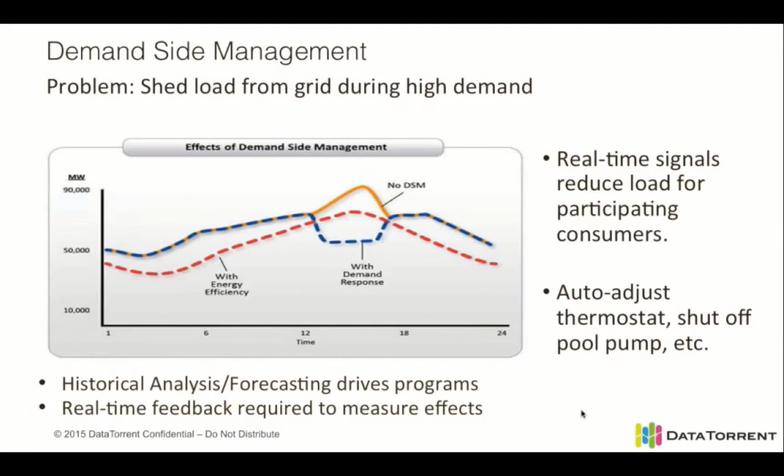Most of the time during the summer, especially in hot places like California, the demand curve increases rapidly during the day as air conditioners come on, and in some cases that can cause too much strain on the distribution network, which requires utilities to either buy energy on the open market and pull more energy into their system, or to turn on what they call peaker plants.